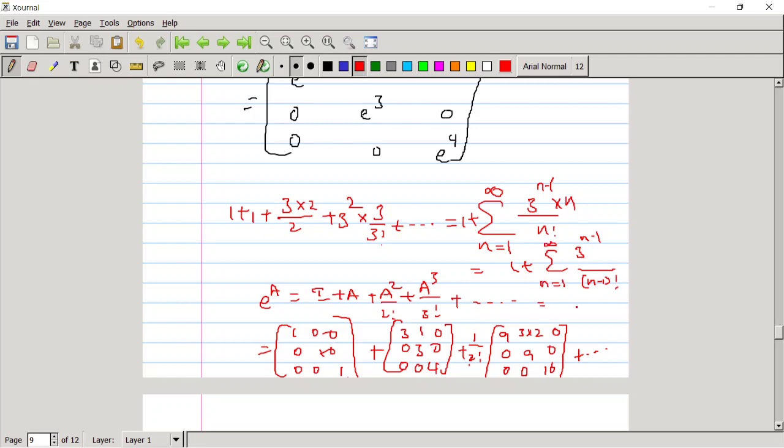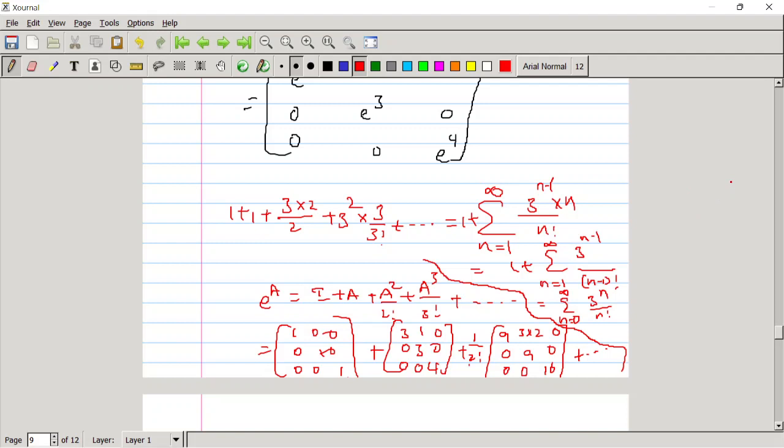I'm just rewriting this as 3 power n divided by n factorial, where n is running from 0 to infinity. Do you observe these two summations are the same? Do you agree? Yes, sir.